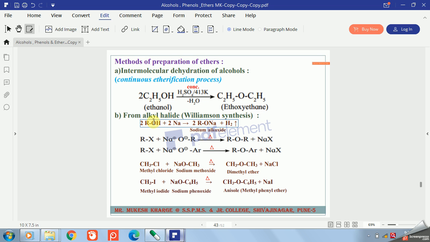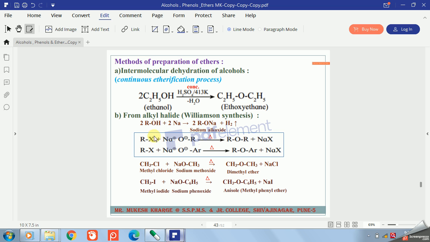Now the next reaction is from alkyl halide, and it is also known as Williamson synthesis. So simple as well as mixed ethers can be prepared by this method. When an alkyl halide is heated with alcoholic sodium or potassium alkoxide, it gives the corresponding ether. So here we use sodium alkoxide.